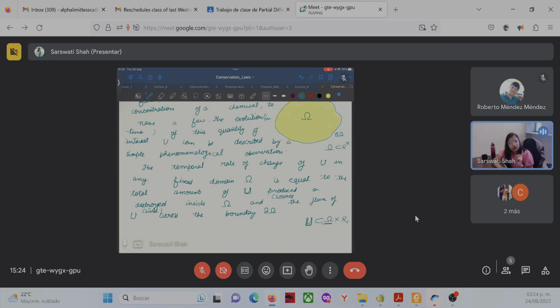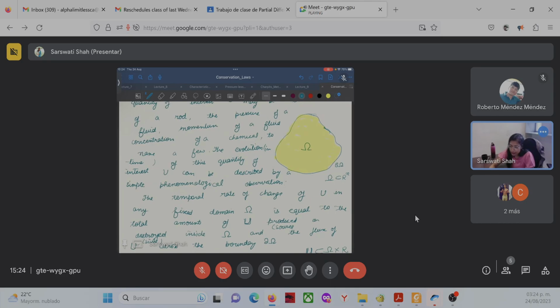I will not go for the integral now. If you look at this, something is coming and something is going at the boundary of this domain. There is some magnitude, which also represents the direction of the flow. So basically, what is the meaning of flux?